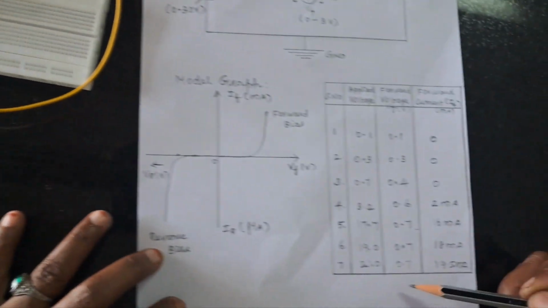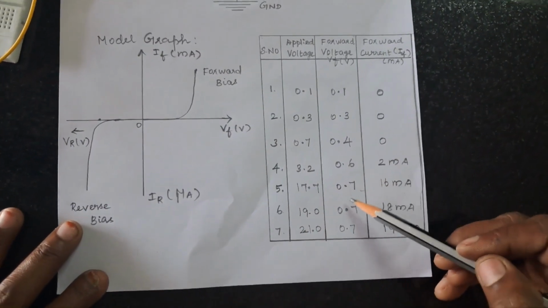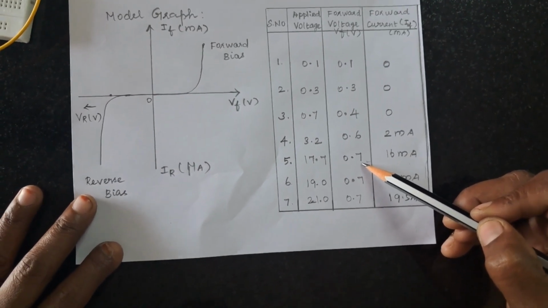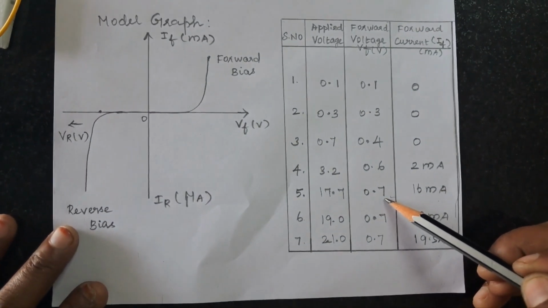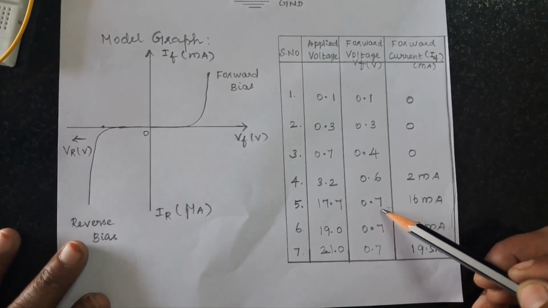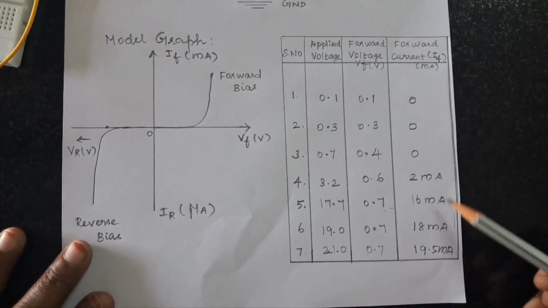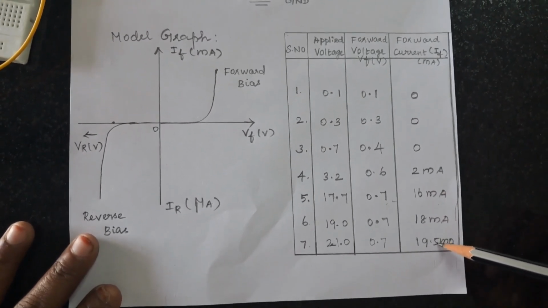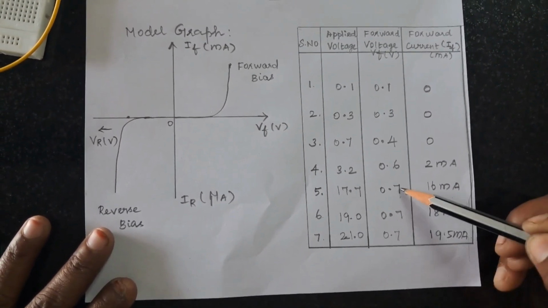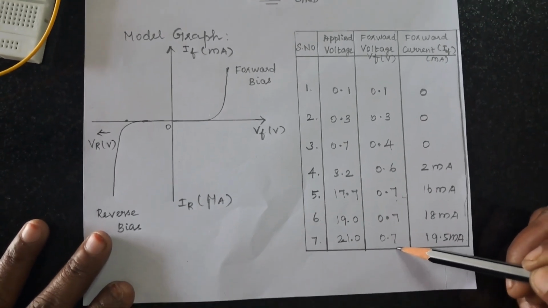From this analysis, when the diode reaches the cut-in voltage, that is where the diode starts conducting. Beyond the cut-in voltage, the current increases while the forward voltage stays the same.